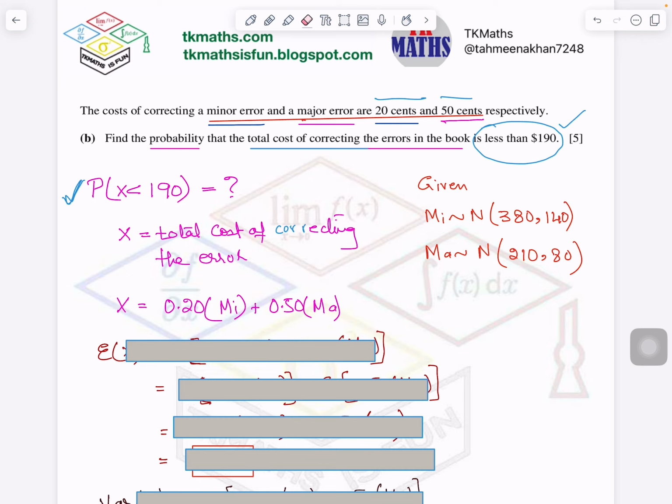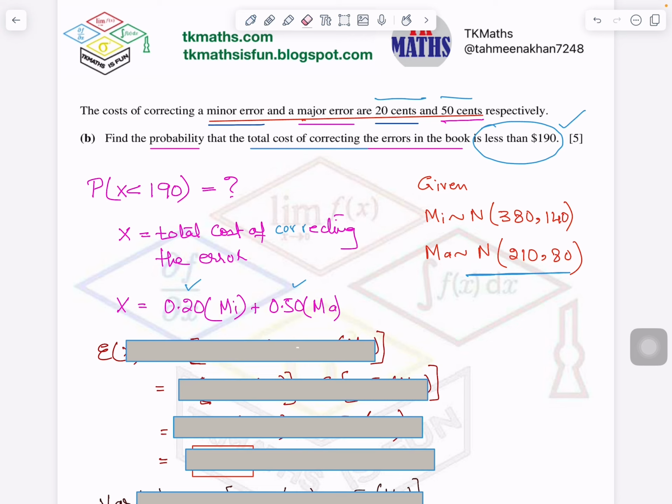Exactly the same thing I have done here. Because it was in cents, I have divided by 100 to get it into dollars, because 190 was dollars. So I have done here 0.20 times minor error plus 0.50 times major error. And you can see it from here.